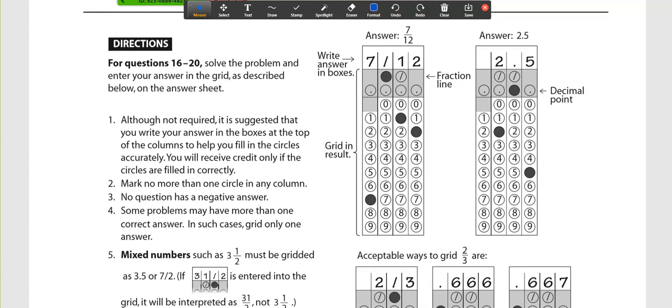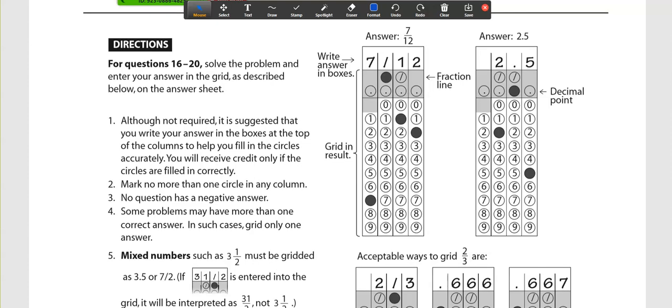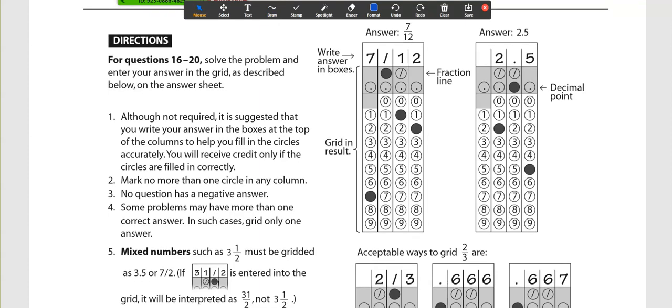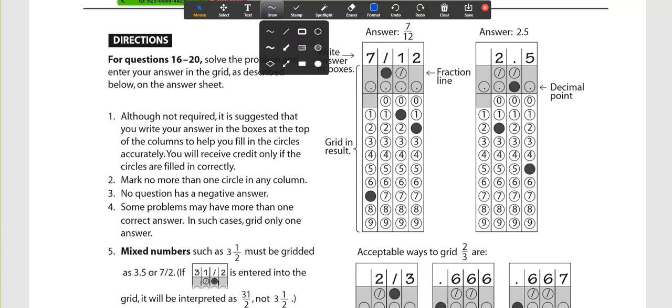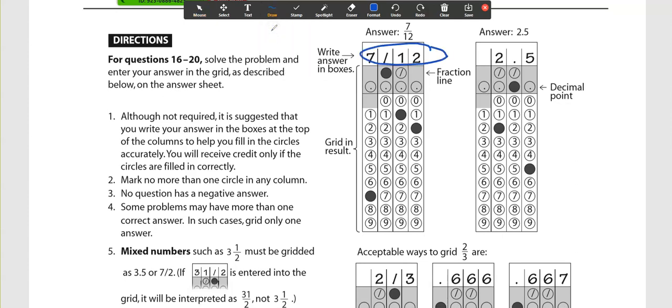But I did want to go over the instructions that I see here, because some people may not be familiar with how to fill in these grids. I know you can fill in the circles. I'm not saying you can't fill in the circles, but there are some specific rules here that are useful to you. One, it's not required that you write things in here. They're only going to grade the circles.